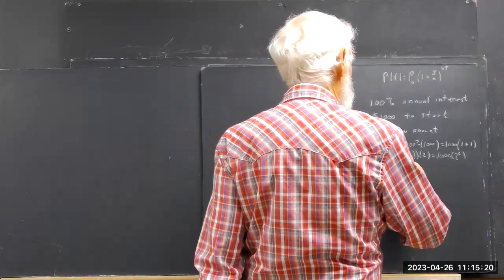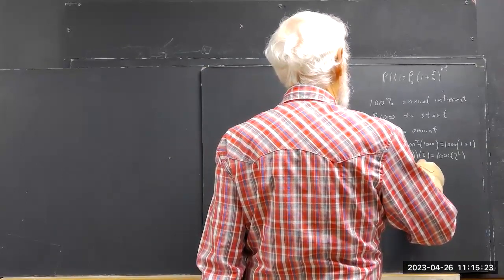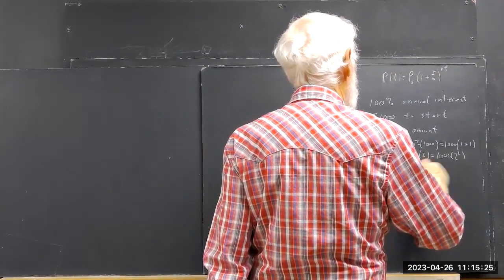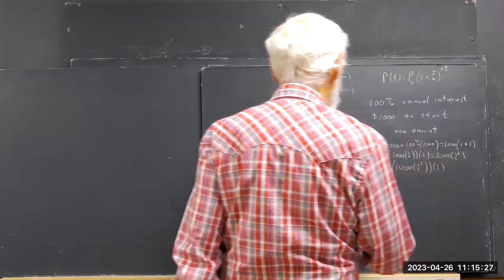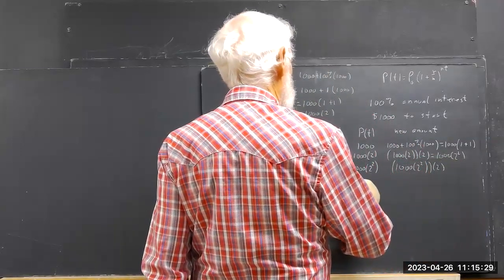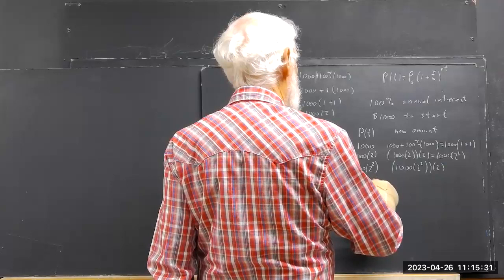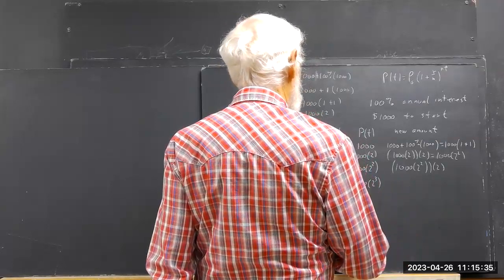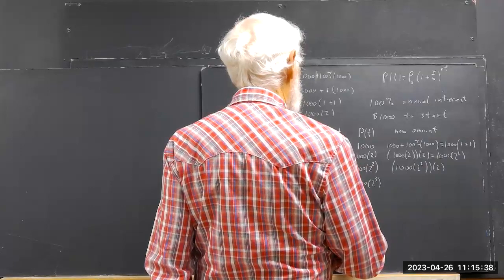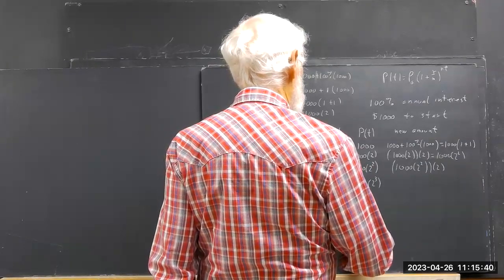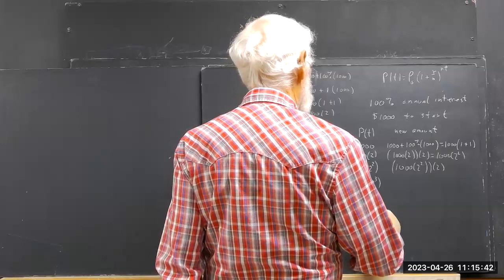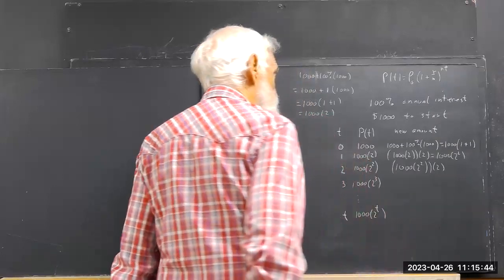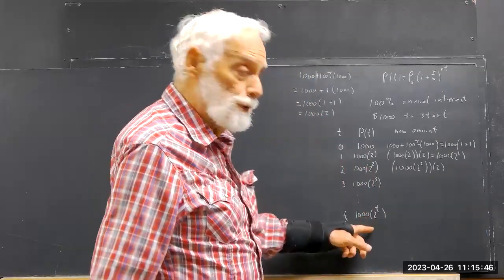Then our new amount would be 1,000 times 2 squared times 2. After 3 years, we have 1,000 times 2 cubed, and so forth. So after t years, we have 1,000 times 2 to the t.